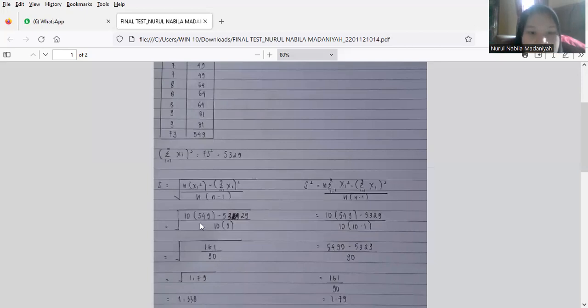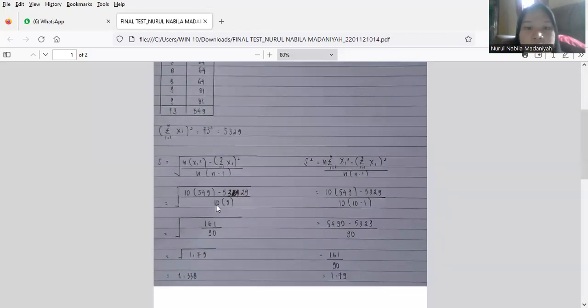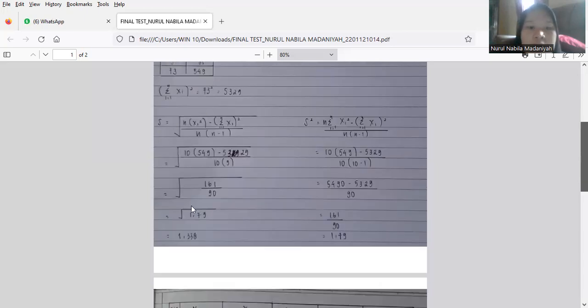It is from 549 times 10, and then minus 5,329, I get 161, and 90, I get from 10 times 9. And then I get the root of 1.79, and the standard deviation is 1.338.